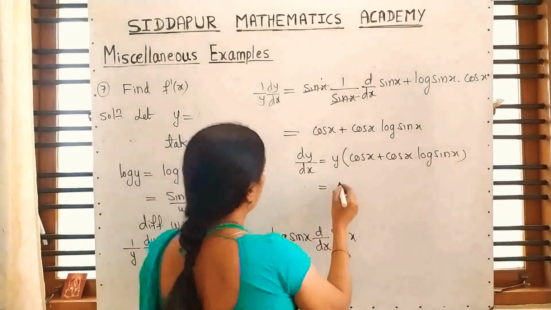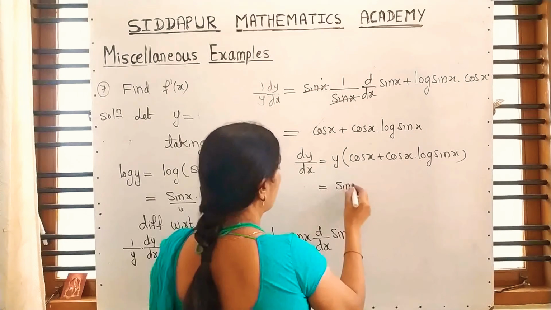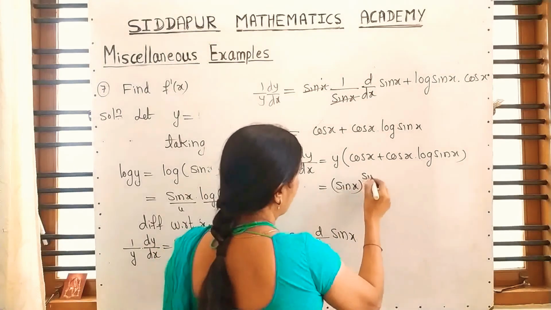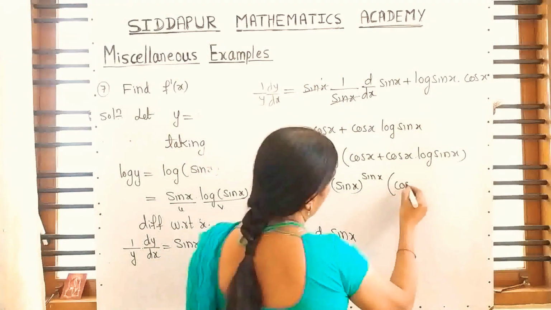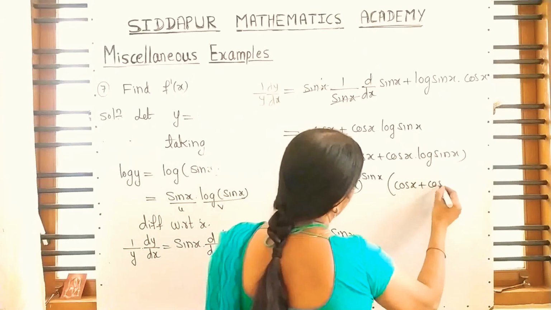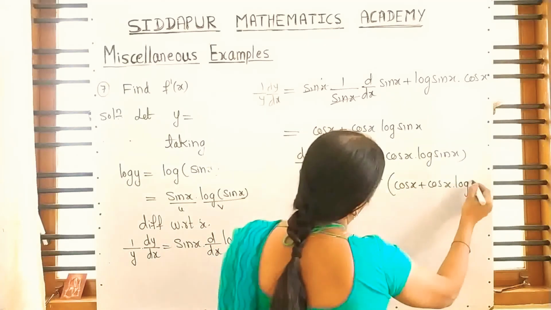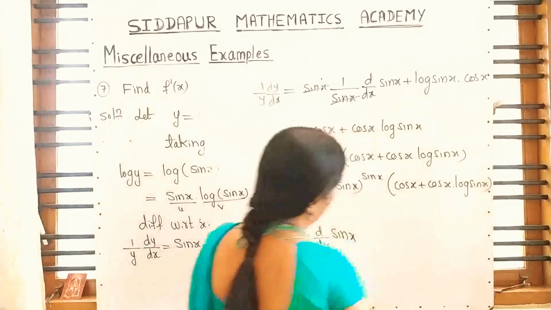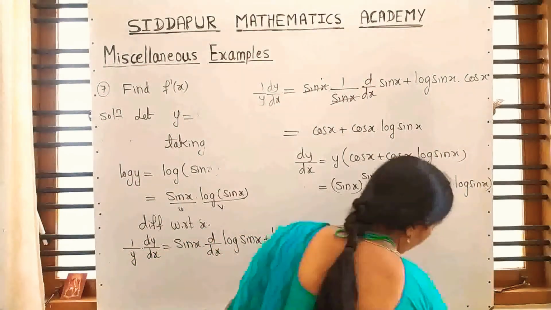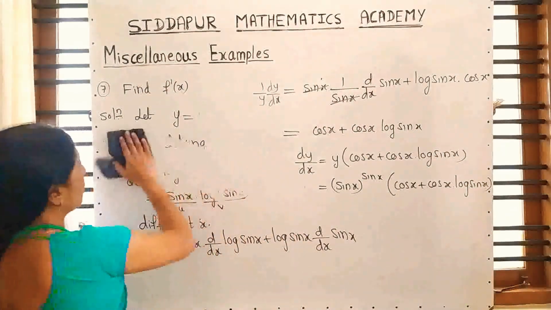Y value is what? Y is sin x raised to sin x, and in the bracket cos x plus cos x into log of sin x. So like this we are solving. Moving to the next question, that is question number 8.